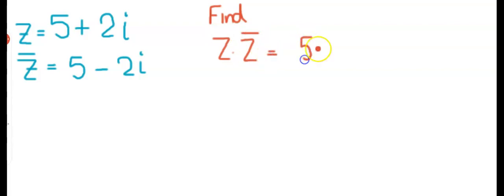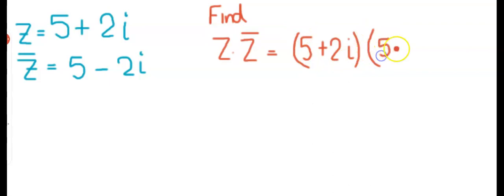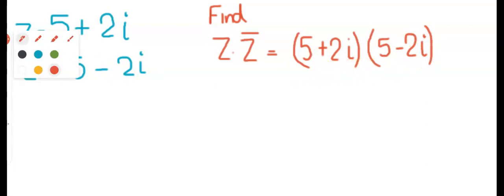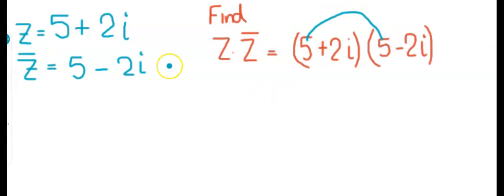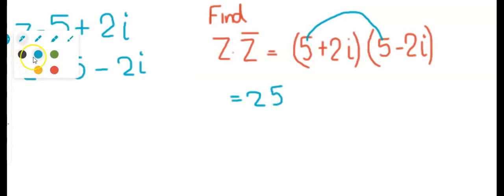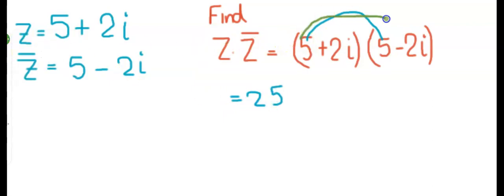Now I'm going to do 5 plus 2i, and then I'm going to do 5 minus 2i, and I will also show you an easy method as well. The long method is the one you already learned. That times this is 25. Foil first, and then outer. This times this is minus 10i.